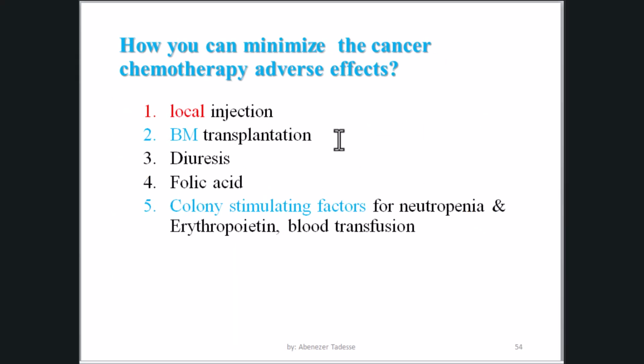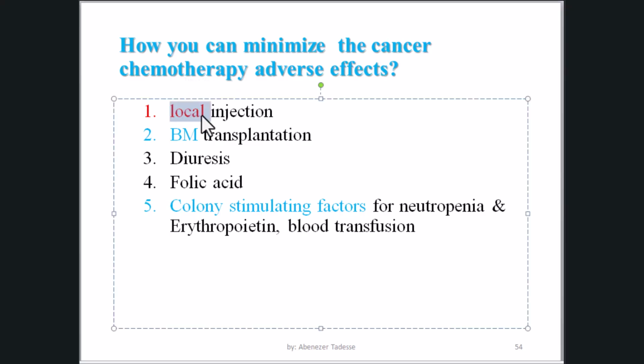So let's see how we can manage the adverse effects of chemotherapeutic agents. The first one is local injection to avoid any adverse effect on different organs or on different non-tumor cells. Locally we can administer to a limited area, so this can reduce systemic side effects.